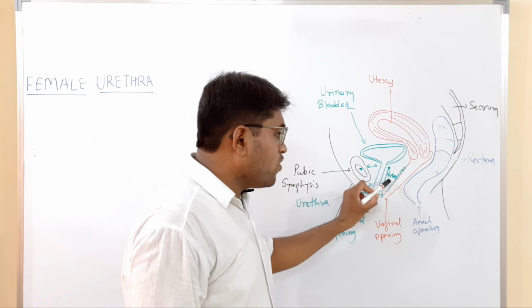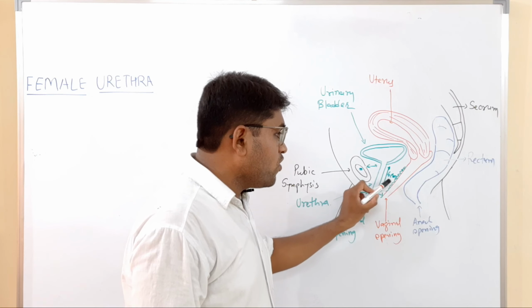It lies 2.5 cm behind the glans clitoris. The glans clitoris is on the most anterior side. Then 2.5 cm behind it there is the urethral orifice, behind the urethral orifice there is the vaginal opening, and behind the vaginal opening there is the anal opening.